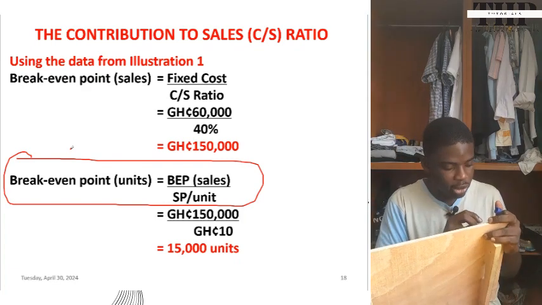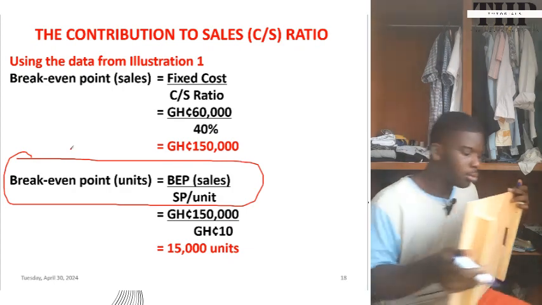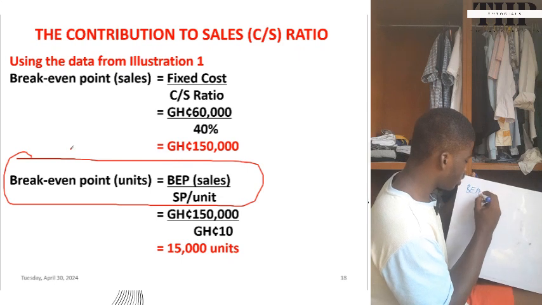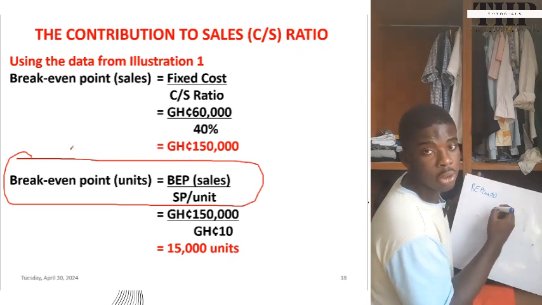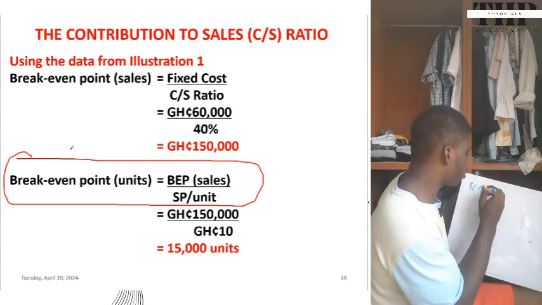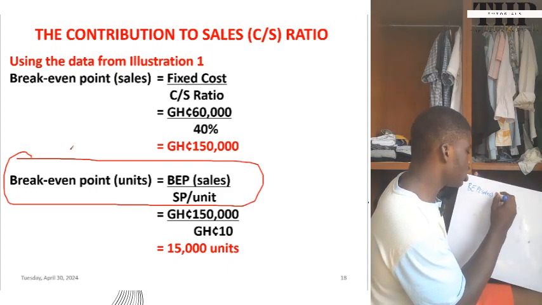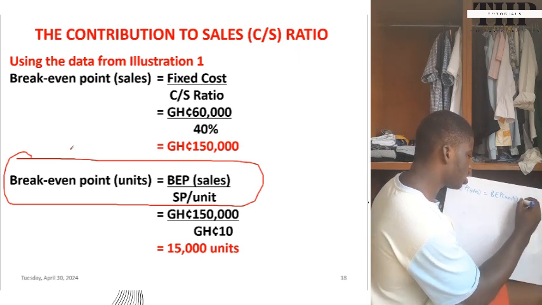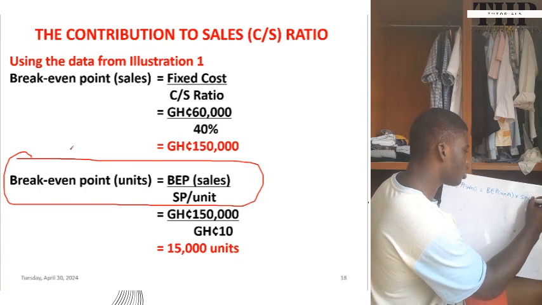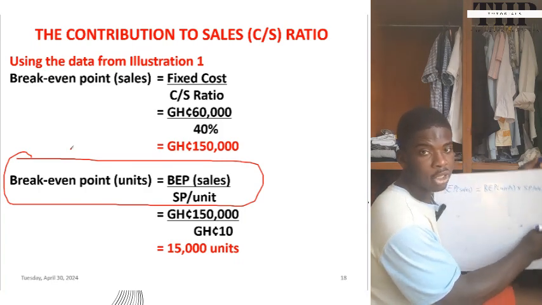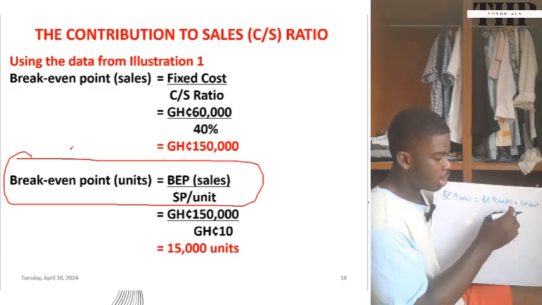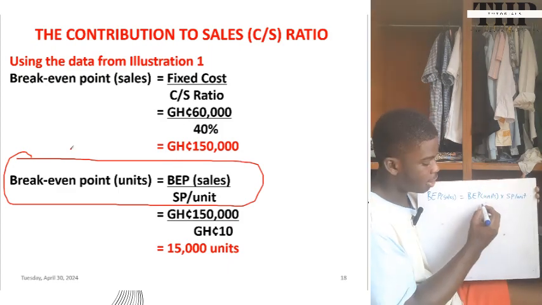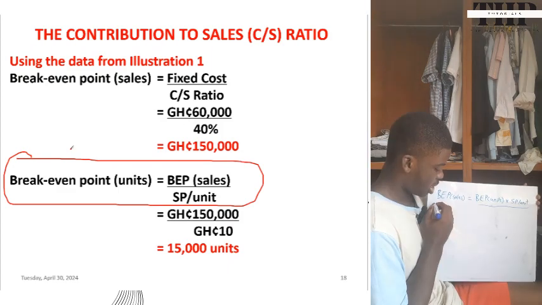Remember earlier, I said about our break-even point in sales. It's given by the break-even point in units times the selling price per unit. If I want to make this the subject, then this has to come over here. Since the selling price per unit is multiplying, I have to divide both sides by the selling price.